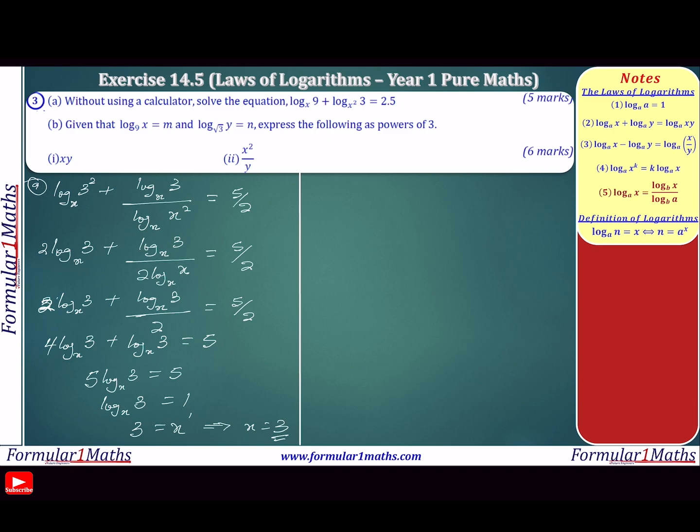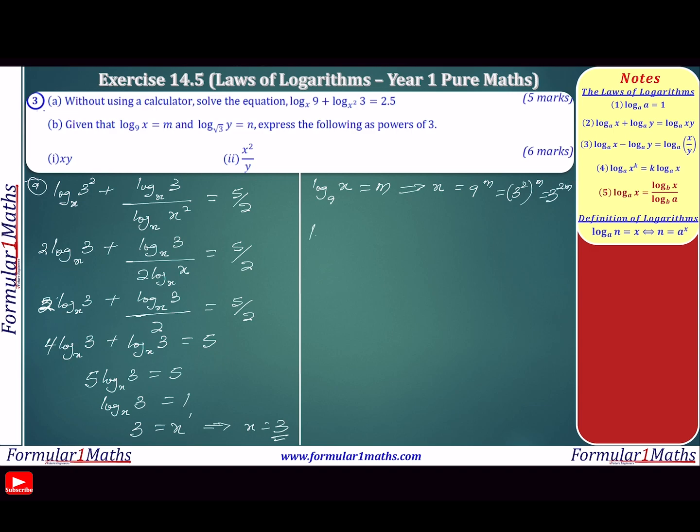For B, log to base 9 of x equals m implies that x is equal to 9 to the power m. But 9 is the same as 3 squared, so we can write this as 3 squared, all of that raised to the power m, which means this is 3 to the power 2m.